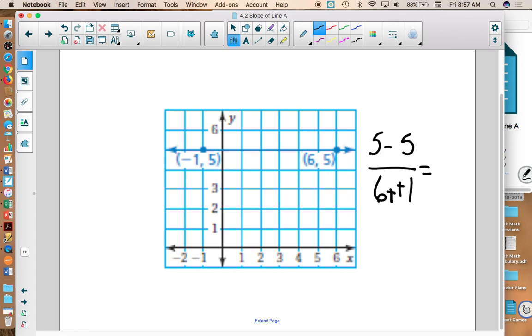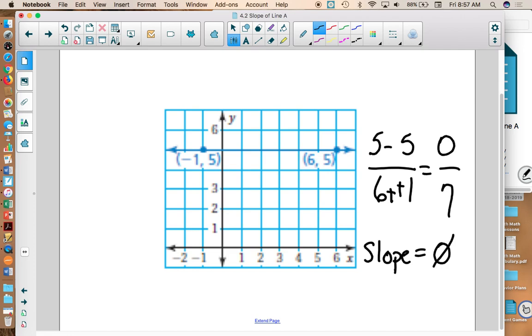And 5 minus 5 is 0, so it's going to be 0 over 7. Would it just be x equals 5? Okay, it is. What's my slope? My slope is actually 0. Okay, in this case, the slope equals 0, because I can have 0 out of 7.